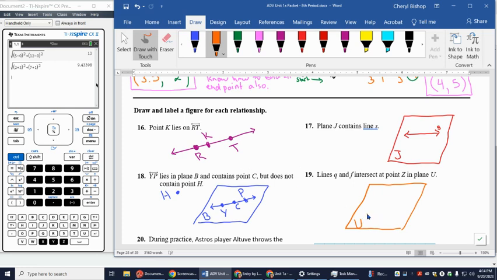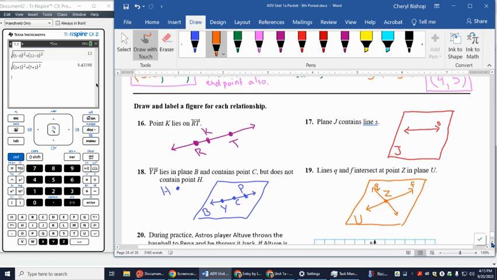I'm going to put one going uphill, and one going downhill. I'm going to put a little q on the end of one and a little f on the end of the other, and they intersect right here at a capital Z. Again, you could get much fancier than that if you wanted to, but there's no need to.